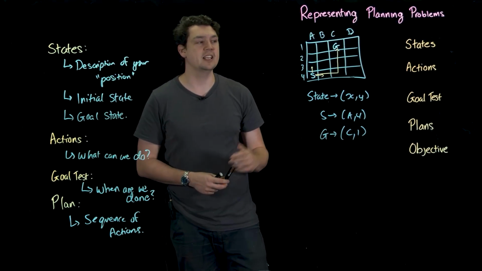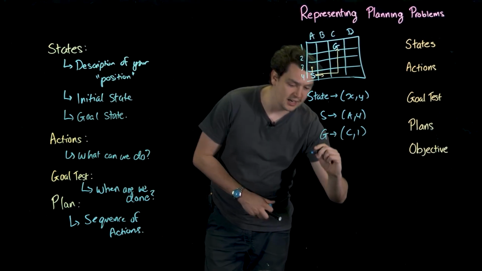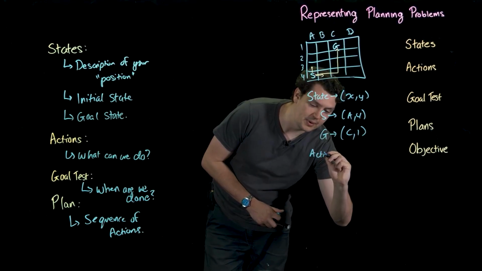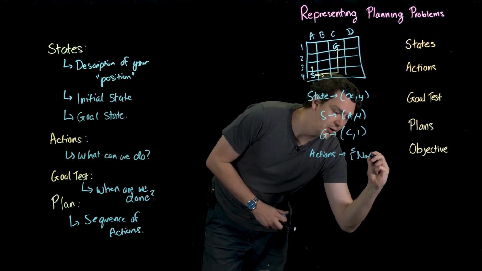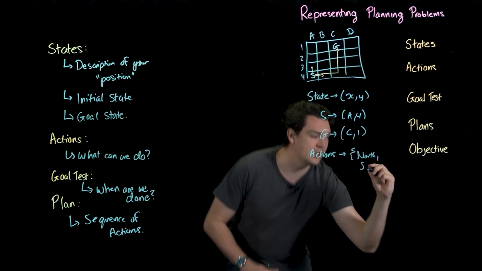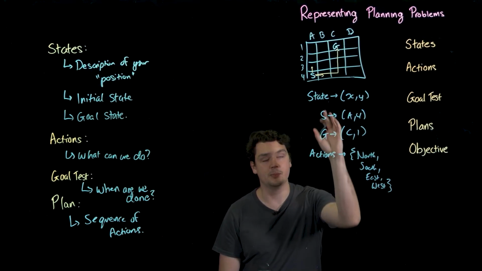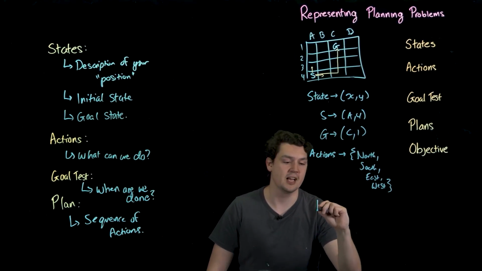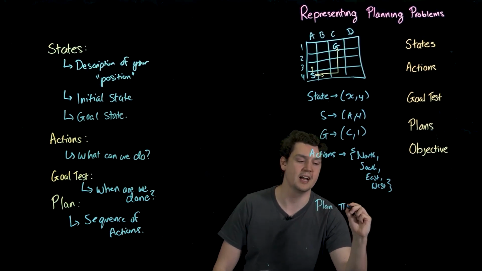What we'll be returning is a plan, okay? So let's talk about it here. I think we'll kind of go back quickly, right? But the actions would be something like north, south, east, west. These are the things we can do in the world. But then we also have the idea of a plan, a plan from, let's call it pi.